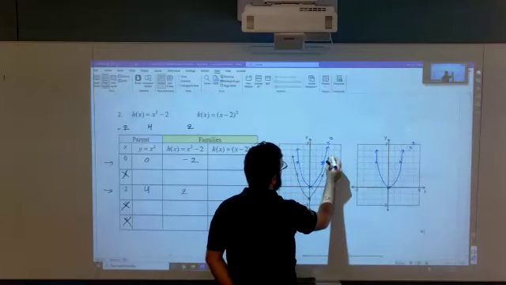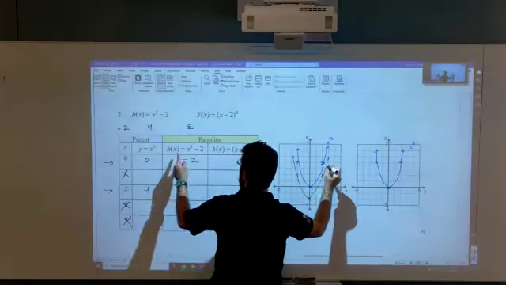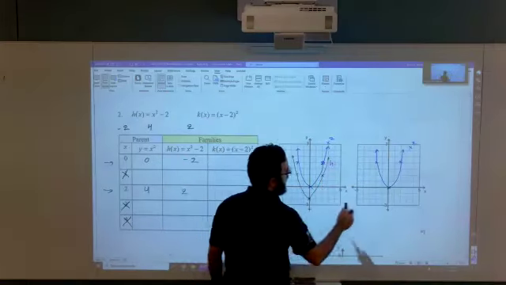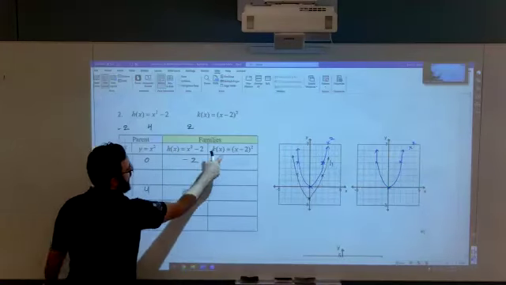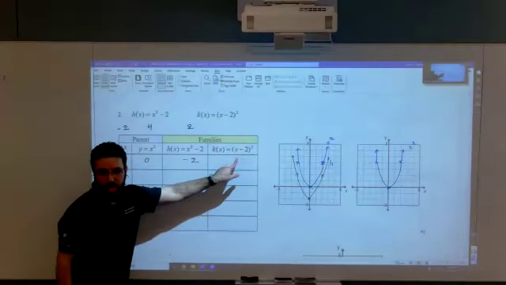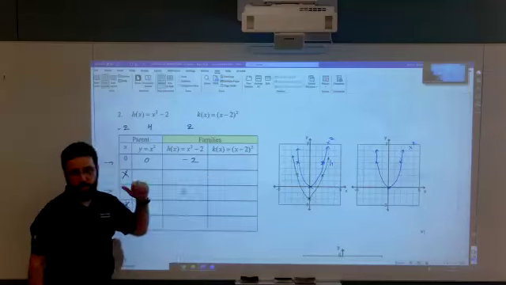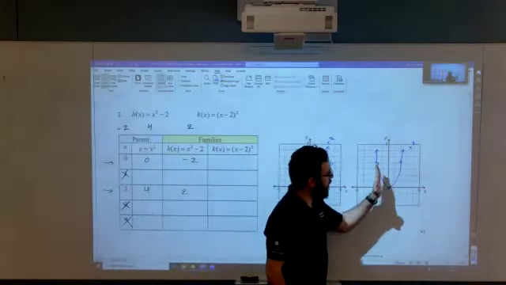The blue one is x squared, and this is the graph of h. Now we're going to graph the new function. Check the transition: inside, minus, does that mean left or right? Right. So this graph is shifted to the right.